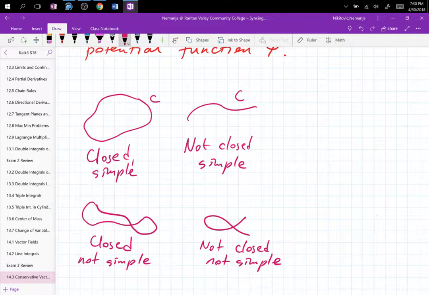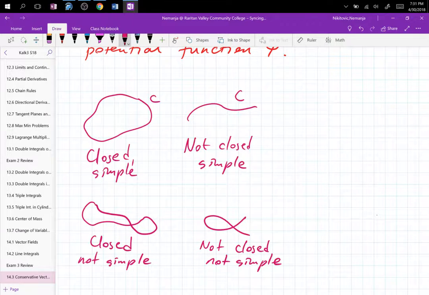It shouldn't take long to see that closed means that one end of the line meets the other end of the line, and simple means whether it intersects itself or it doesn't. So when you say a closed simple curve, that means just the first picture, upper left. None of the other things apply.